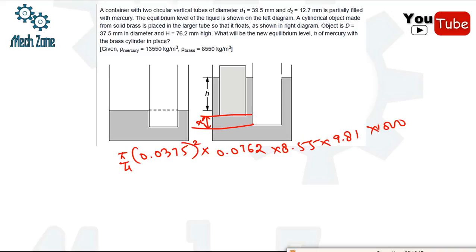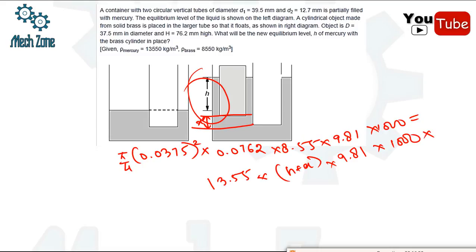So this would be the weight, that is m into g, and what is m? Density into volume, and what is volume? Area into height. So this would be equal to 13.55, that is the rho, multiplied by h plus x, that is this total distance h plus x, into 9.81 multiplied by 1000 multiplied by 0.0375 whole square.